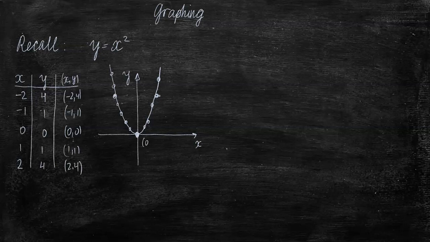So this is your 0, 0, this is your 1, 1, this is your 2, 4, and so on.